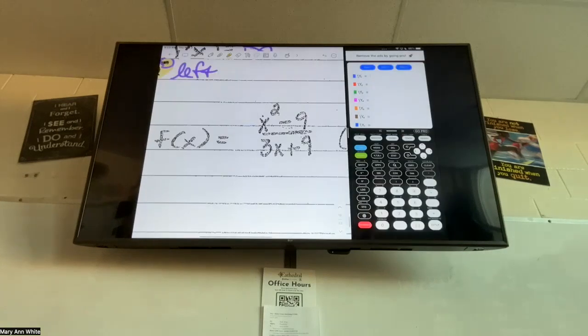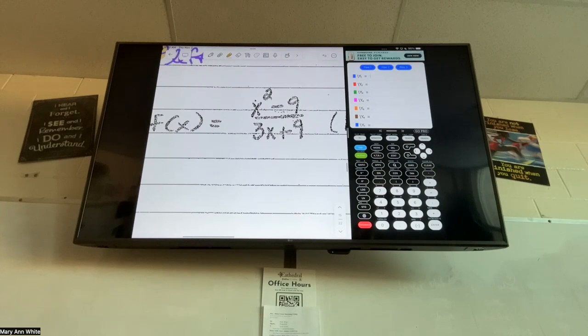So I've got x squared minus 9 and then 3x plus 9. So we'll go x squared minus 9 divided by 3x plus 9. And then I would just be at a standard window.